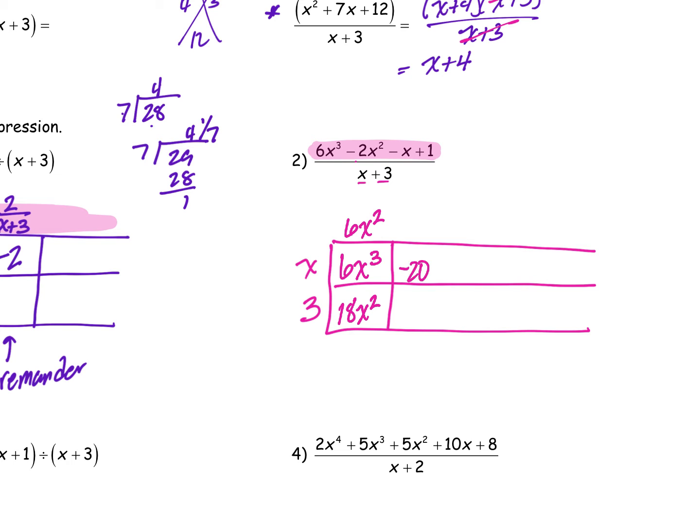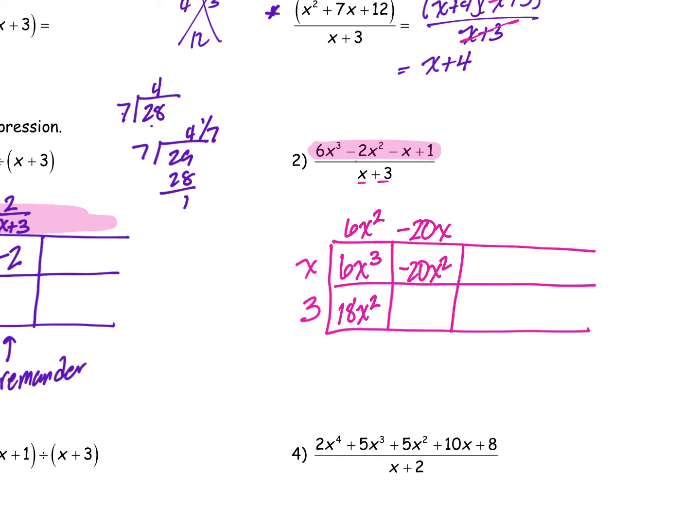Negative 20x squared. Good. Now what do I multiply x by to get negative 20x squared? Negative 20x.